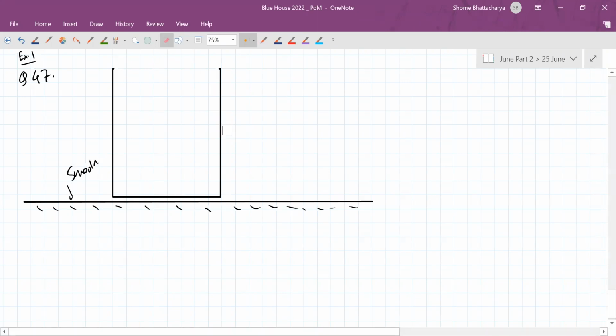The hole is at the center of the side of the tank. So this dimension thing will become important. This hole has an area which is the area of the tank divided by n.